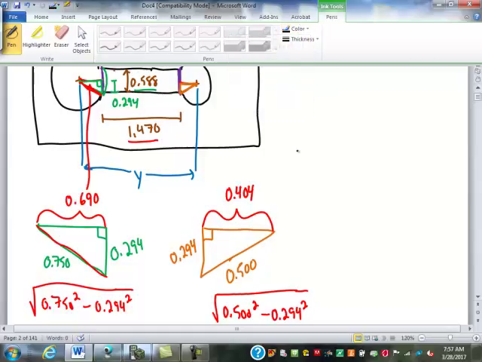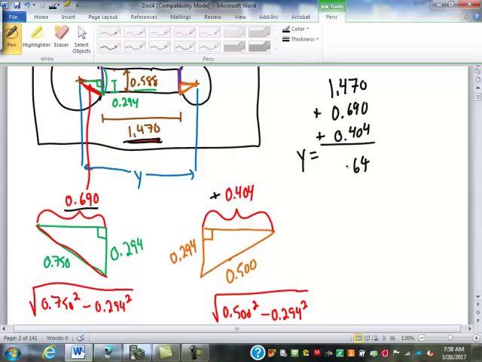So that means that distance y is equal to the 1.470 plus the 0.690 plus the 0.404. So 2.564 inches is y.